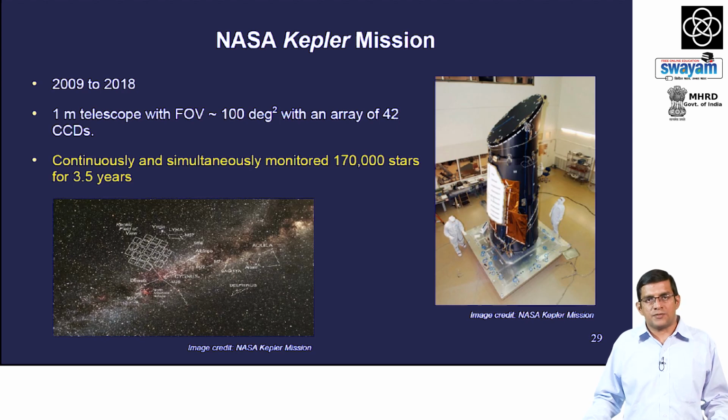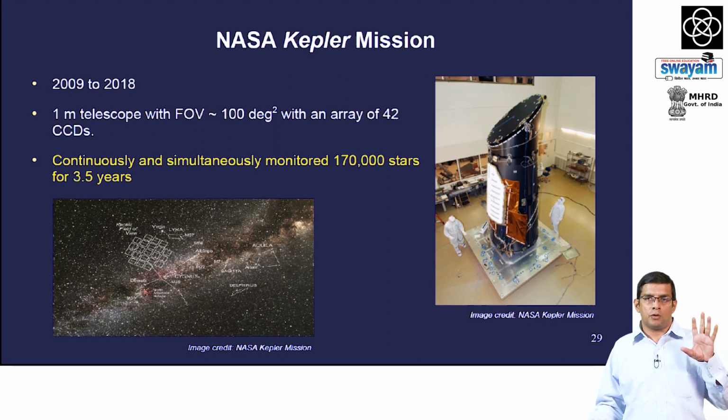One of the most successful space missions in recent times was the NASA Kepler mission, which was launched in 2009 and it operated till 2018. It had a 1 meter telescope with a field of view of about 100 square degrees with an array of 42 CCDs.